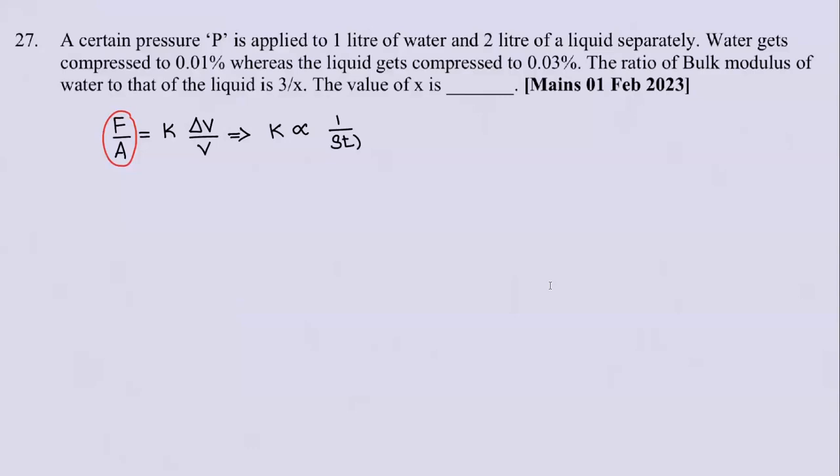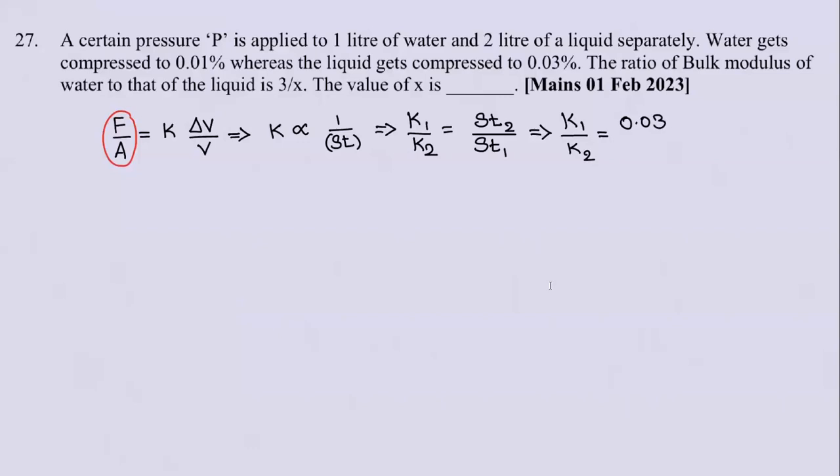So K1 by K2, I'll go in chronological order, 1 is water, 2 is liquid, is equal to strain 2 by strain 1. That implies bulk modulus of water to bulk modulus of the liquid will be strain 2, 0.03.